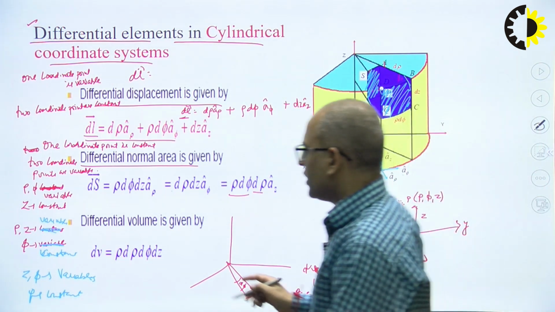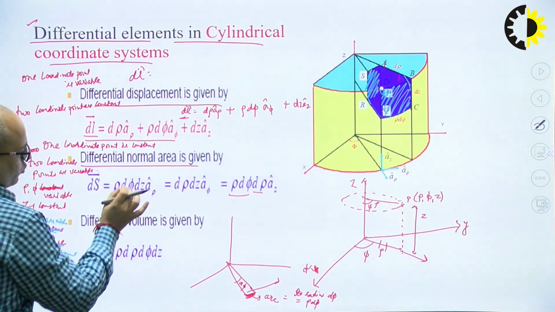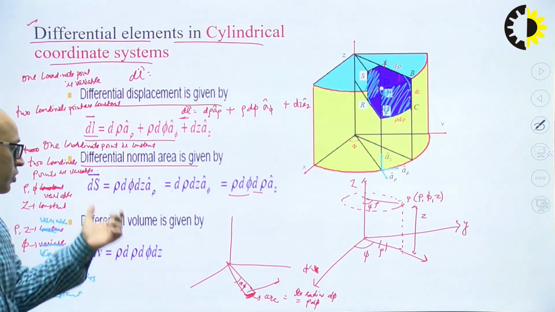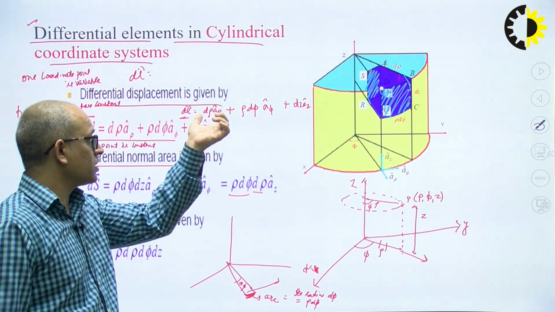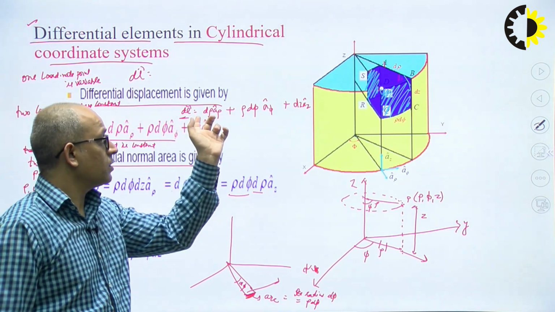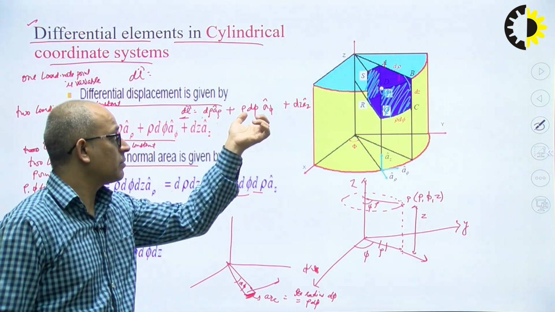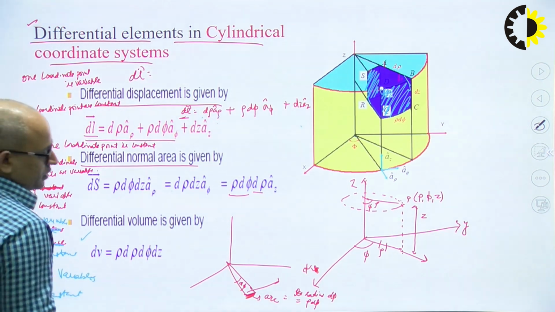Clear? So in that case, ds is equal to rho d phi dz a cap rho. Similarly, the volume is obtained by multiplying all these differential length elements, rho d phi dz. Clear?